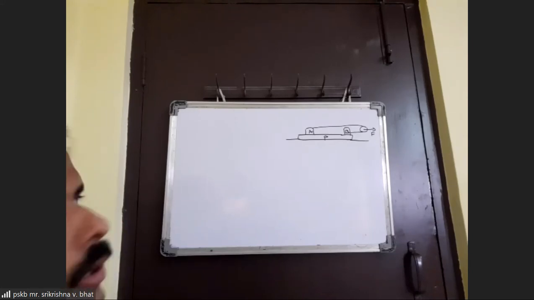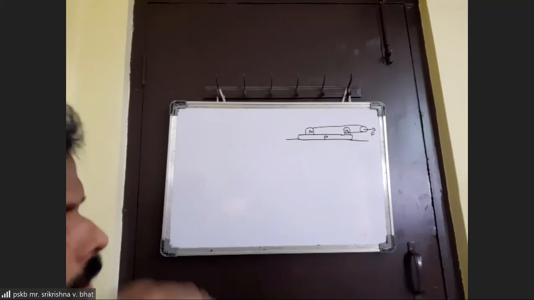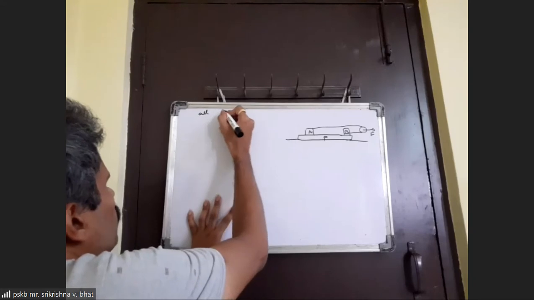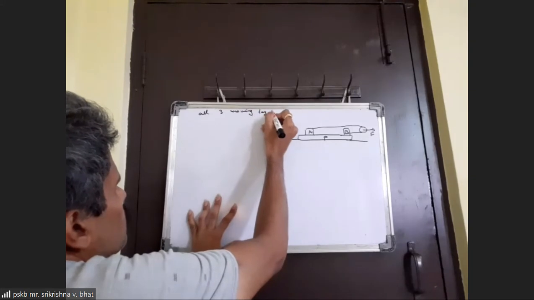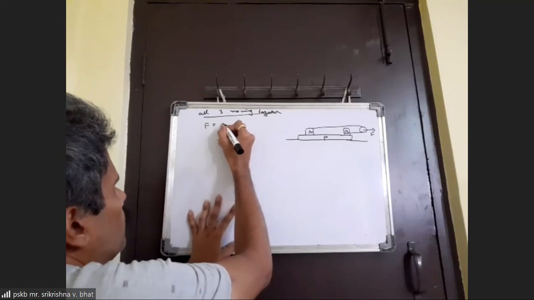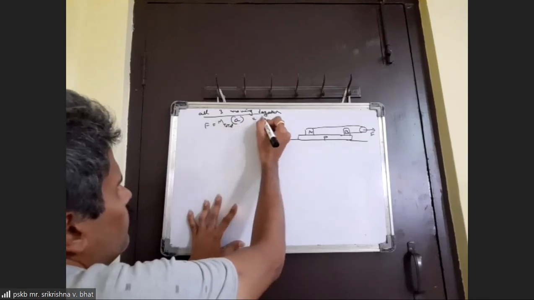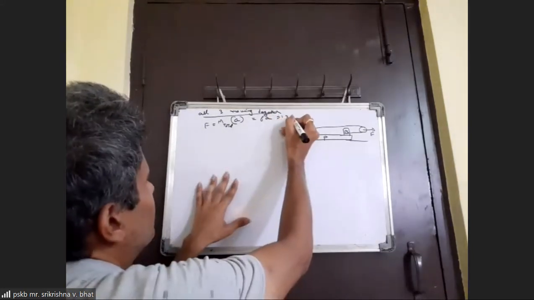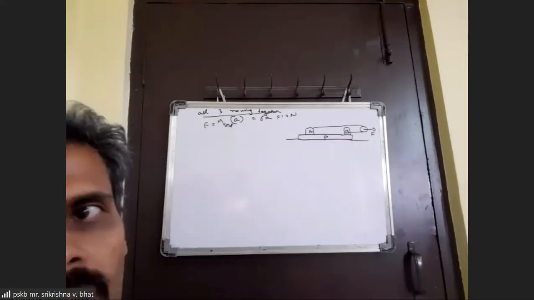As it is given that the plank has an acceleration of 2 meters per second squared, under the assumption that all three move together, the net external force F should be total mass times acceleration. Total mass is 6, so there should be 12 newtons acting if all three have to move together with a common acceleration of 2 meters per second squared.